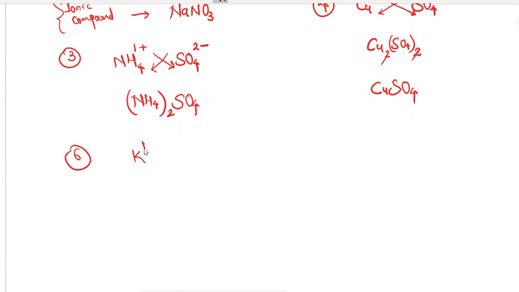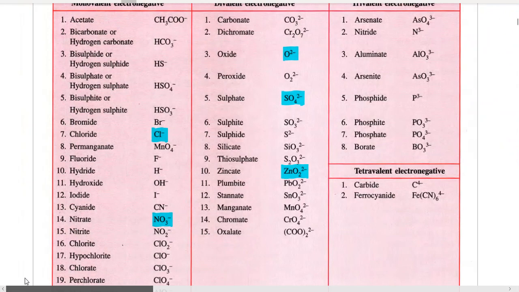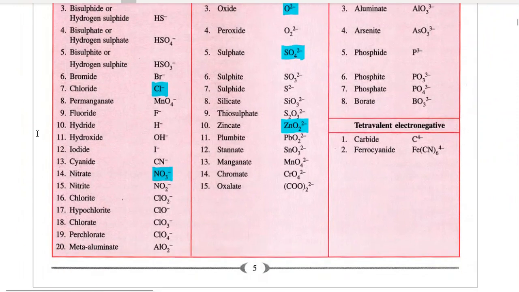Potassium K plus, zincate ZnO2 2 minus. Okay, crisscross. So potassium will have a subscript 2 now, and zincate ZnO2 will have a subscript 1. We don't write 1, so we leave it as it is. K2ZnO2, potassium zincate. It's a complex salt, potassium zincate.